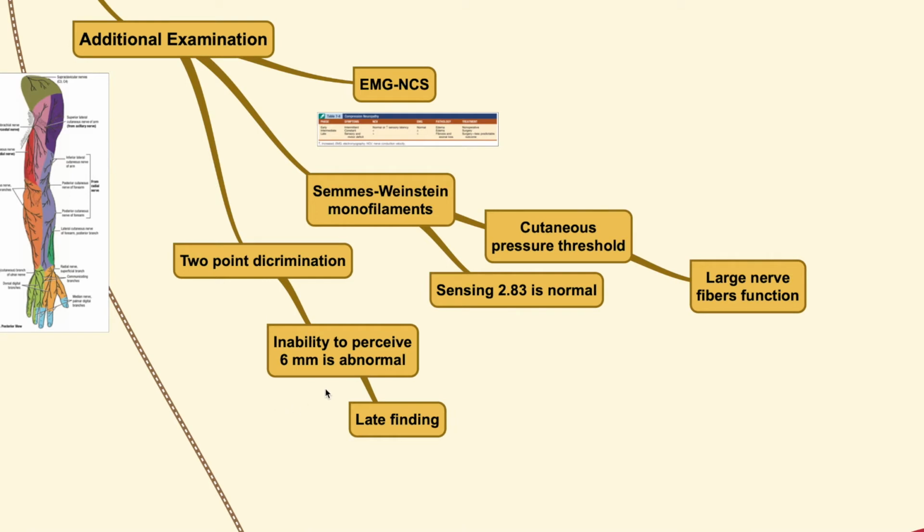So when we are able to differentiate those 2 points with a distance between them of 6 millimeters, that is normal; if you're unable to do that, then it's considered abnormal, and it is usually a late finding.